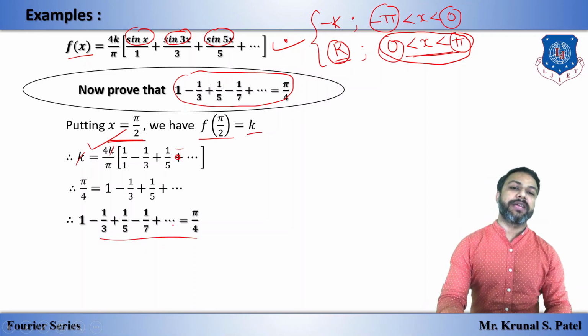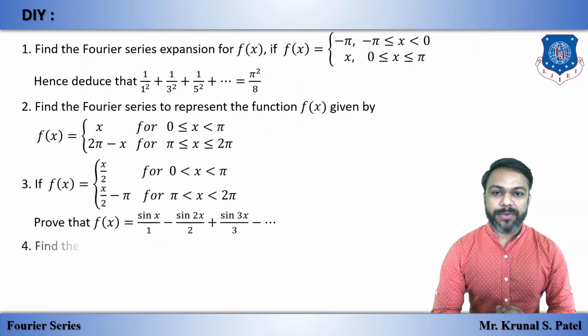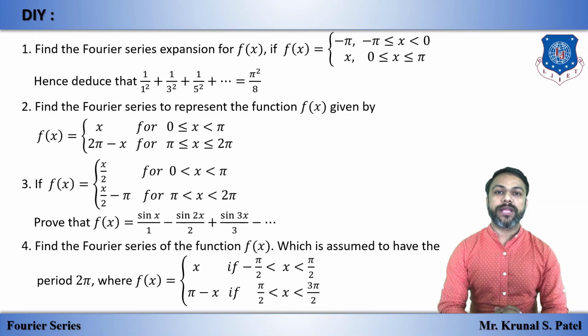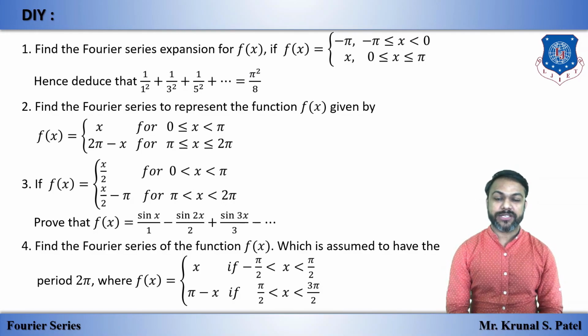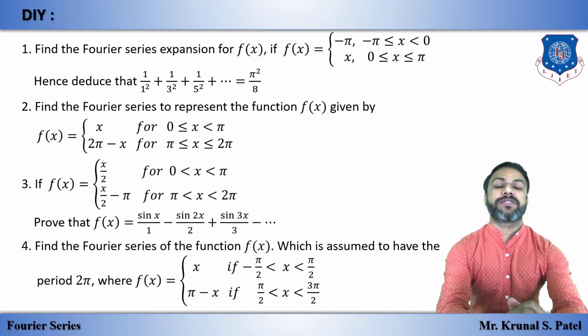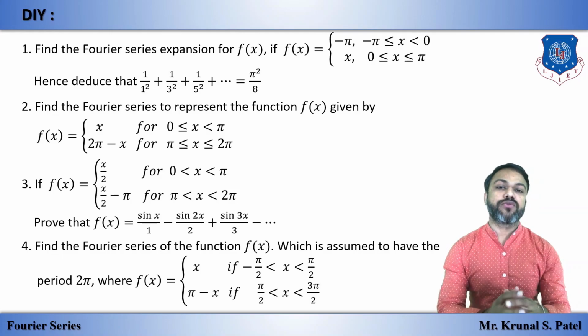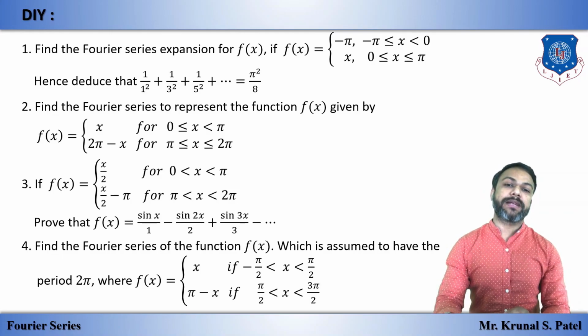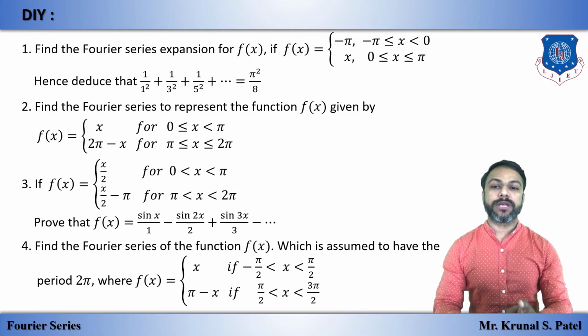In the same way, you have this practice example, that means DIY, do it yourself. As I told you in the previous lecture, maximum practice will make you more perfect for the next lecture. So you have to practice all these examples, and only then can you understand the next lecture.